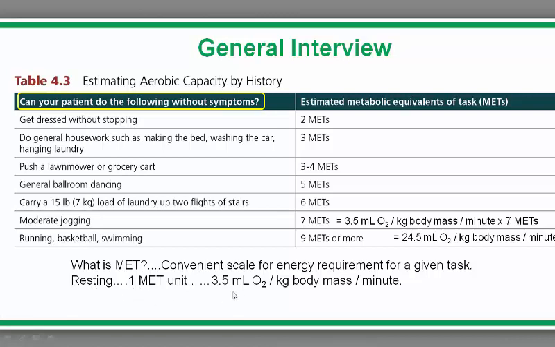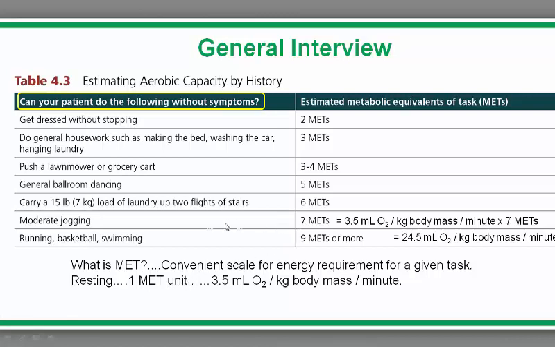The oxygen consumption, oxygen utilization, on average for adults is estimated to be about 3.5 milliliters of oxygen consumed and utilized per kilogram of body mass per minute. That's under resting conditions. And as activity elevates above resting, the oxygen consumption can be conveniently estimated as a multiple of the resting one metabolic equivalent.